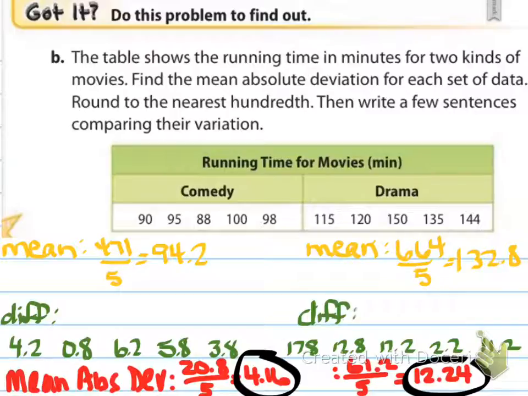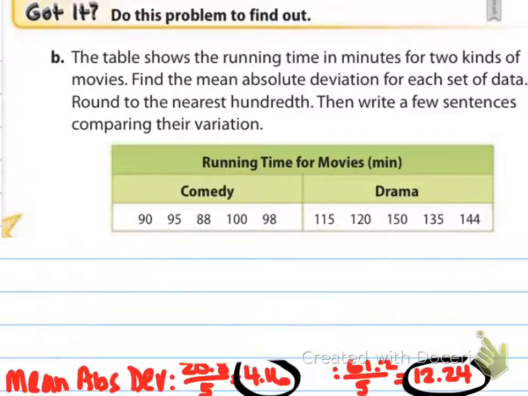So if you need to keep copying this, you better pause the video now. I would say based on the mean absolute deviation that the running times for comedies are closer to the mean average than they are for dramas. But still, 12 minutes isn't that bad, just in comparison.